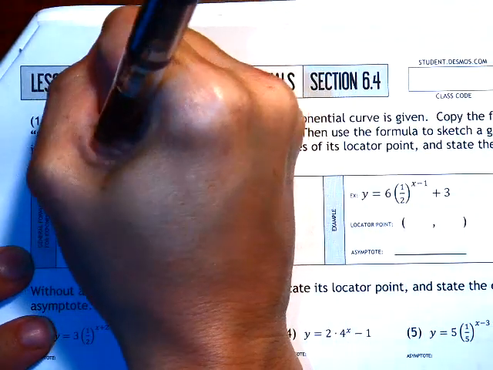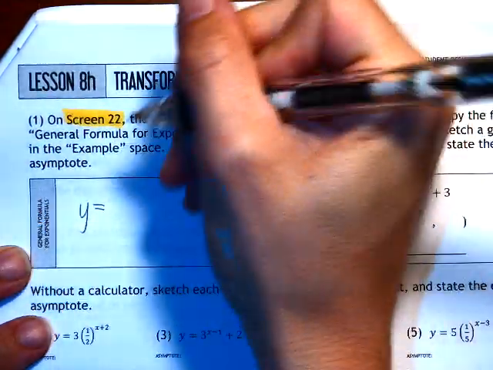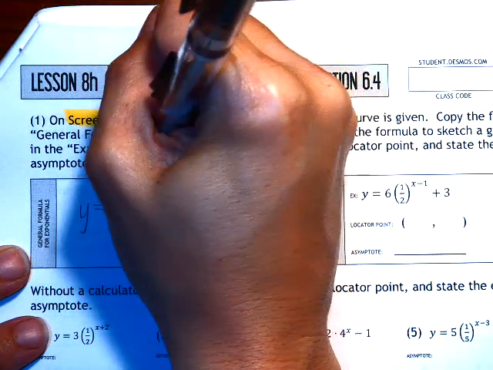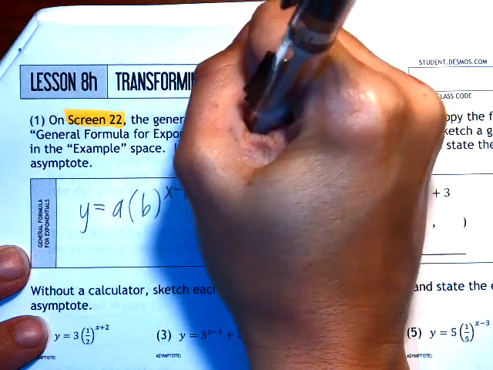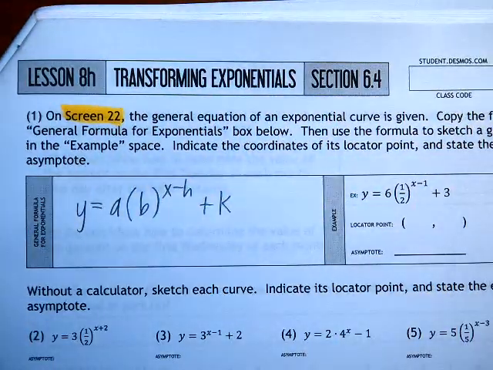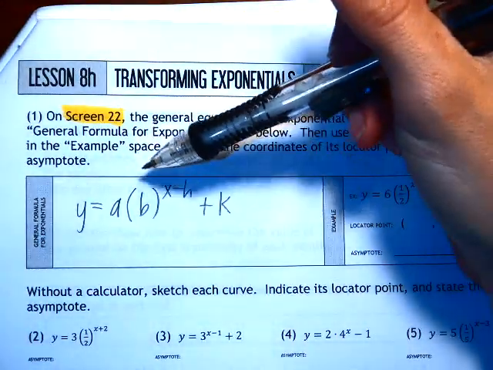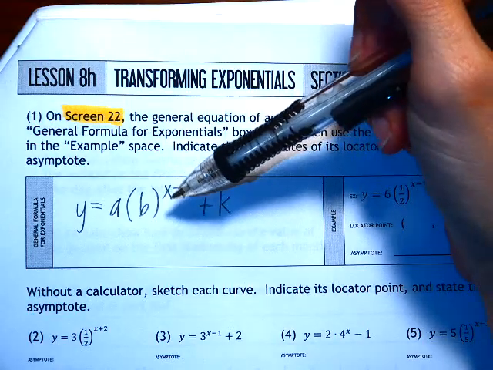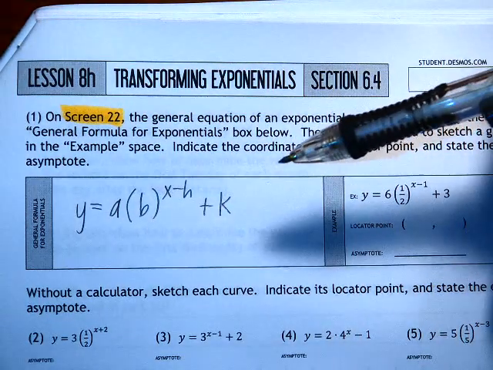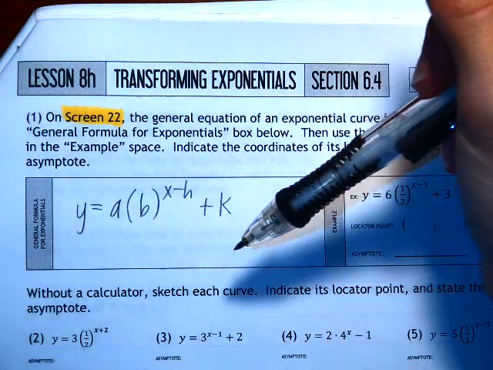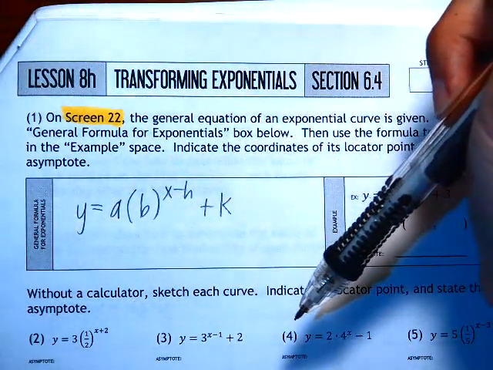The general formula that you saw on screen 22 was y equals a times b to the power of x minus h plus k. Now, on screen 22, it didn't have parentheses around the b, but parentheses work if you want to put them. If you don't put them, it's no big deal. I just like to put them because we so often see parentheses in the equations, so it's kind of a nice compatibility.